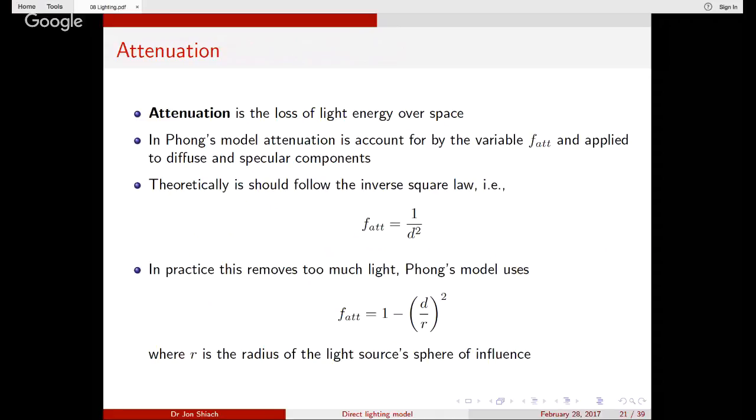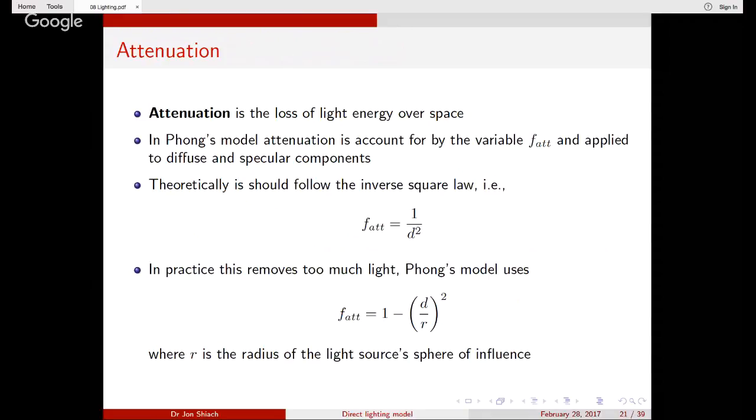The final thing we need is attenuation. This is loss of light energy over space. So the further away you get from a light source, you'd expect it to go dimmer. Basically, we have this variable FATT, and that's just a variable which is multiplied by your diffuse and your specular components.